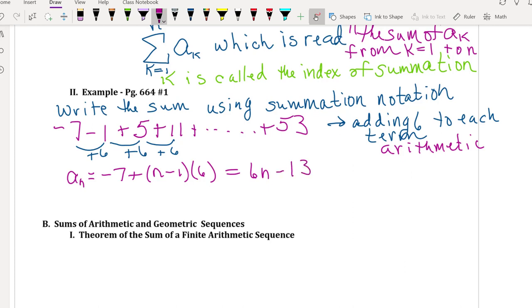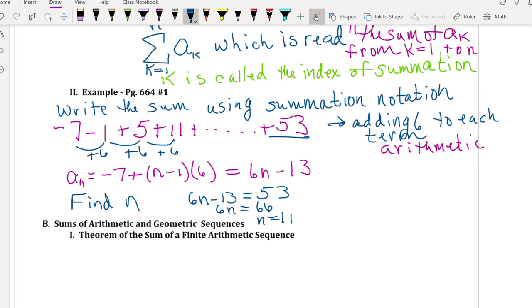Now we have to find n. That's our next job, to find n. We have to figure out 53. What term is that? So what we're going to do is we're going to take our 6n minus 13. We're going to set that equal to 53. And when we solve for n, we get that n is 11.